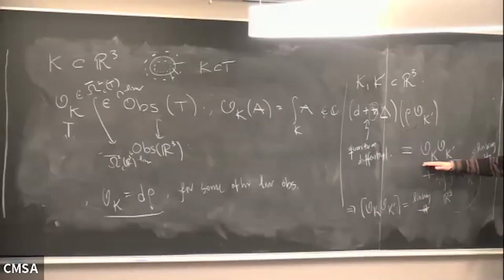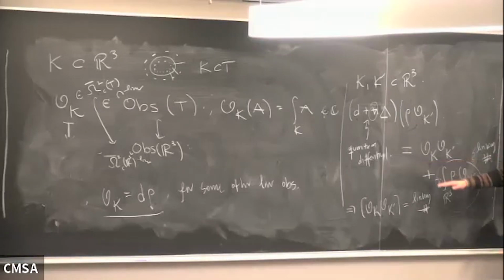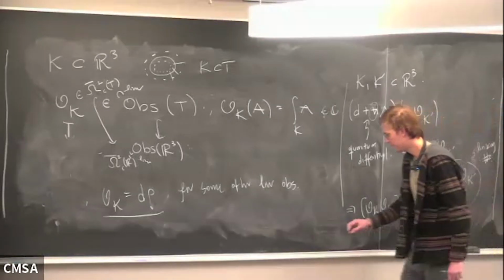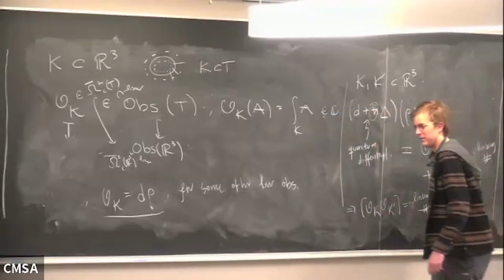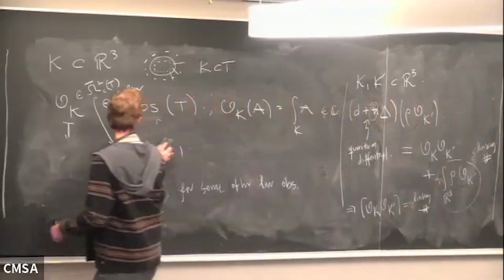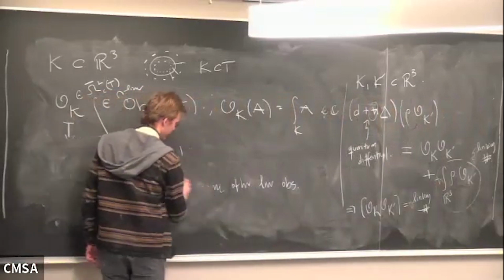This represents the factorization product inside of the global observables, and it's equivalent to this number here. Yeah, plus or minus.